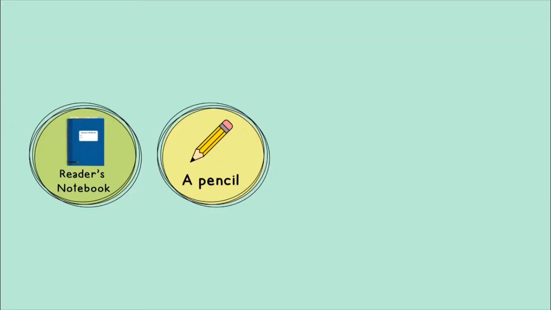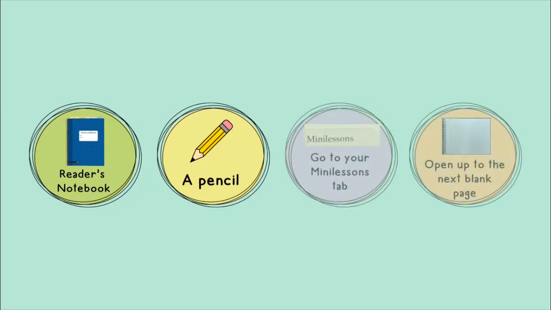Now, you should have your reader's notebook and your pencil. If you don't, please go get that now. After you have your reader's notebook and your pencil, you're going to go to your mini lessons tab and open up to the next blank page.